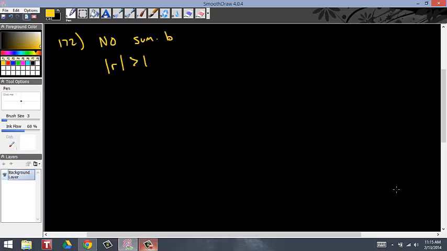No sum because the absolute value of r is greater than 1, and therefore the series diverges. Some people in the last quiz wrote absolute value of r is greater than 1, therefore the series converges. That was minus 2. If it doesn't converge, I want to see the word diverges, and I want to see this, and I want to see this, for full credit, if it shows up on the midterm.